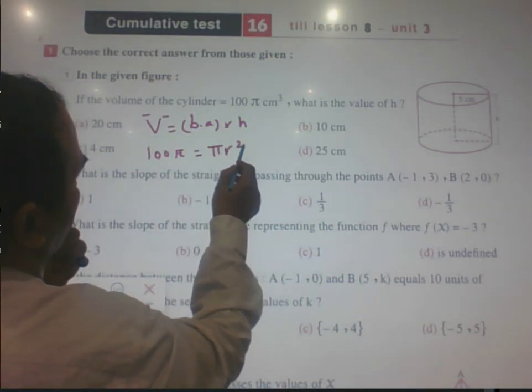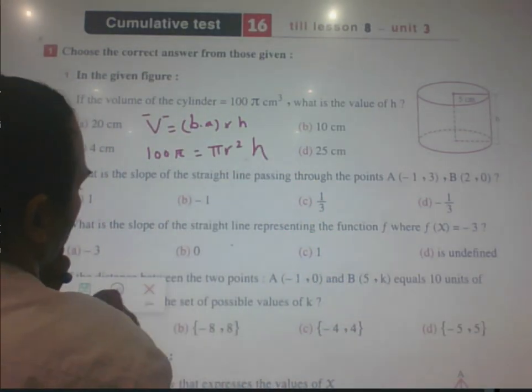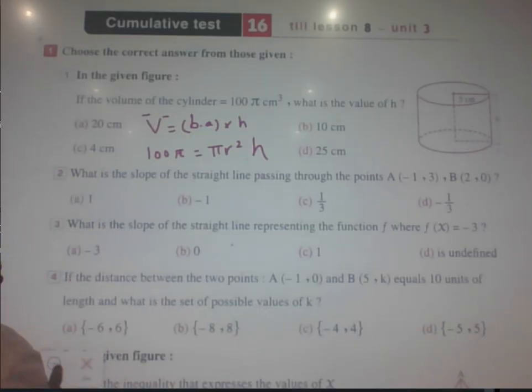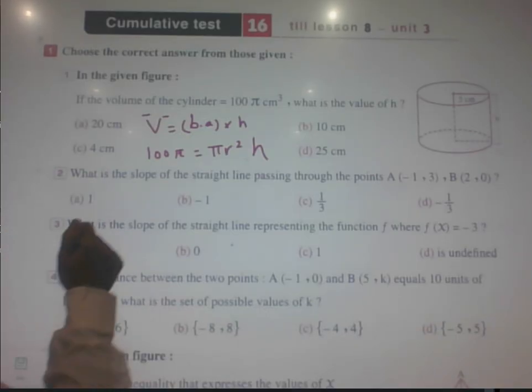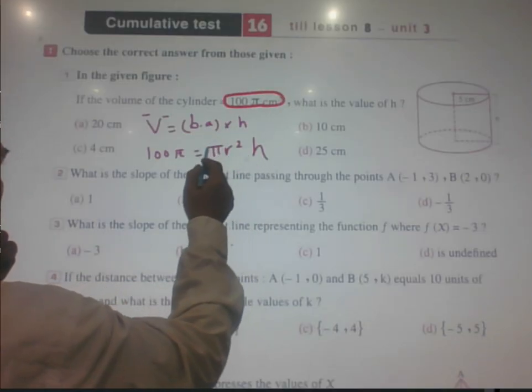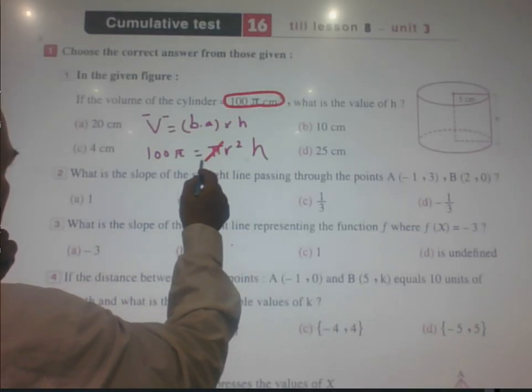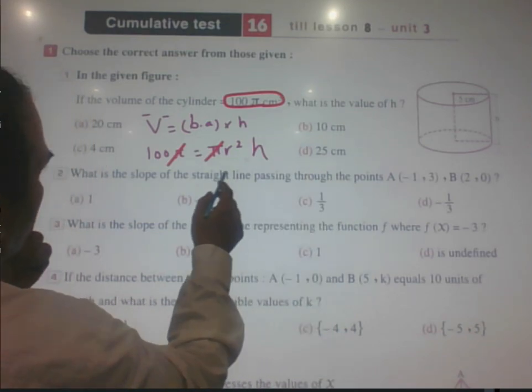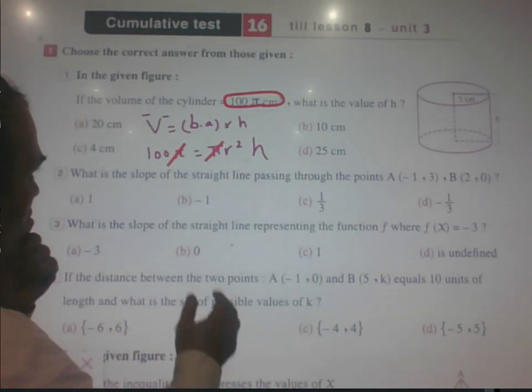Okay, that is the rule to find the volume. He gave me the volume, and then I will simplify. Cancel π, and here the height we can find like 100 equals r power 2 times h.